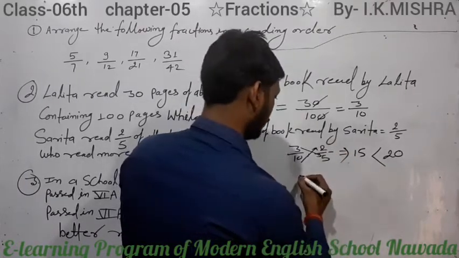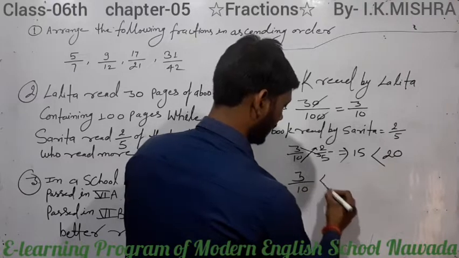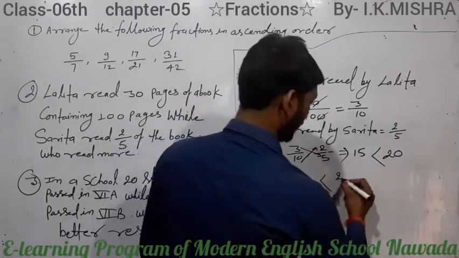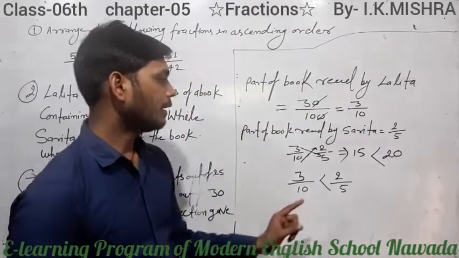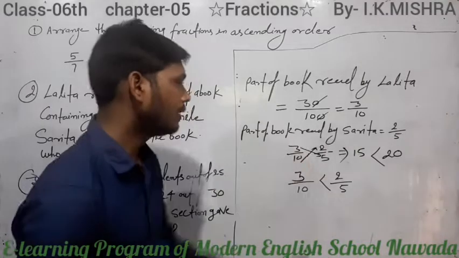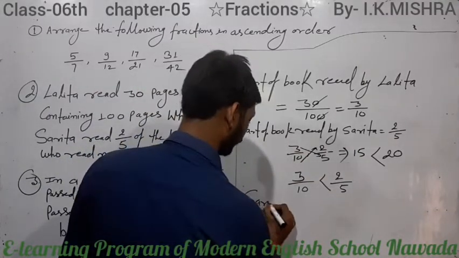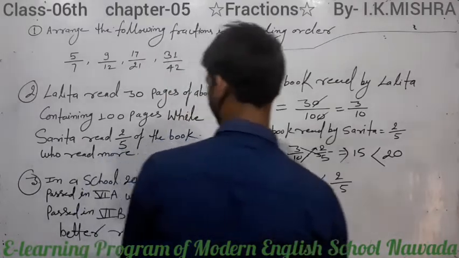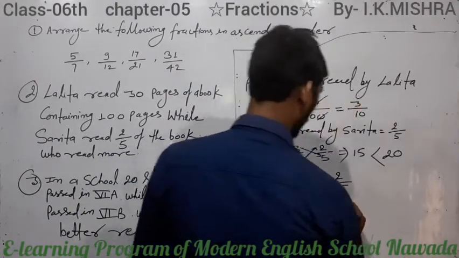Here 3 by 10 is less than 2 by 5. That means, students, 2 by 5 part is read by Sarita. Sarita read more.